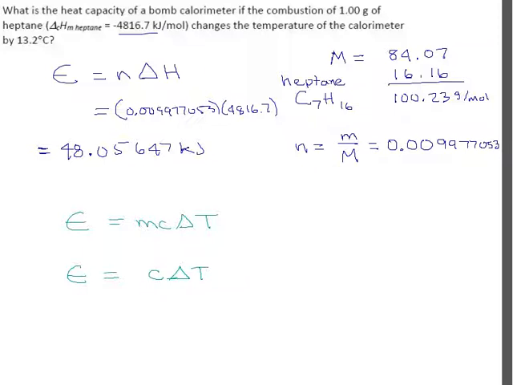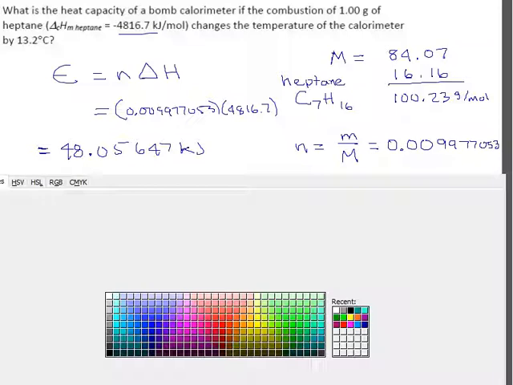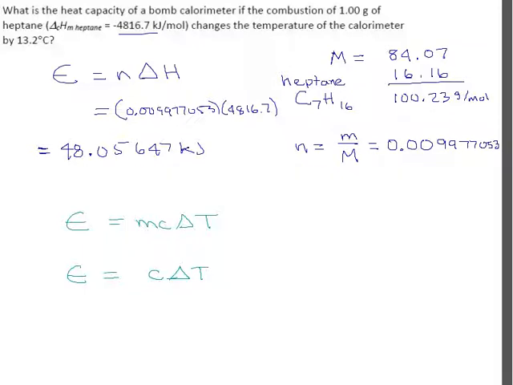And you can tell when you've gotten one of these because when you get a normal specific heat capacity, its units will be joules per gram degrees Celsius. If you get a calorimeter specific heat, this kind, the units will just be joules per degree Celsius. And this makes sense. This formula has mass in it, and it has a unit that includes mass.